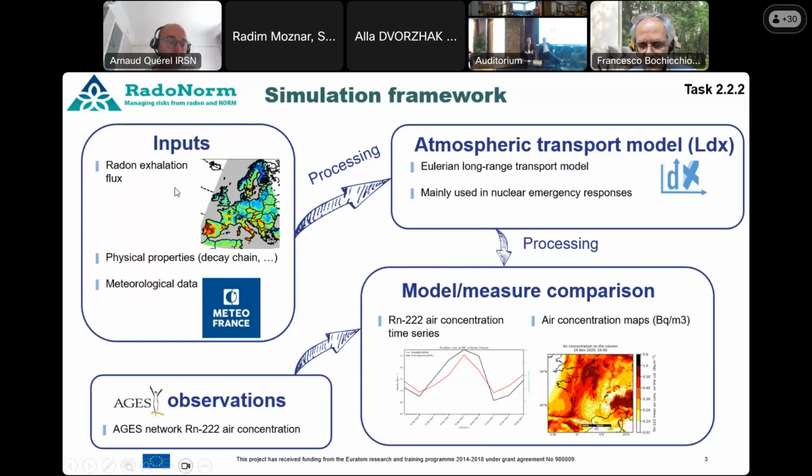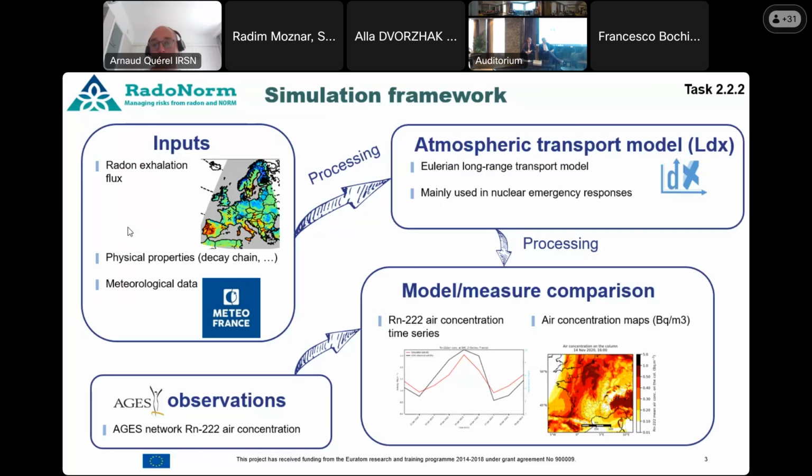As major inputs, we need a radon exhalation flux map at the European scale. We also need the physical properties of the radionuclides we are trying to model, and of course some meteorological data inputs. In this case, the meteorological data are provided by Météo-France. To be more precise, it is the ARPEGE numerical weather prediction model that is used for this study.